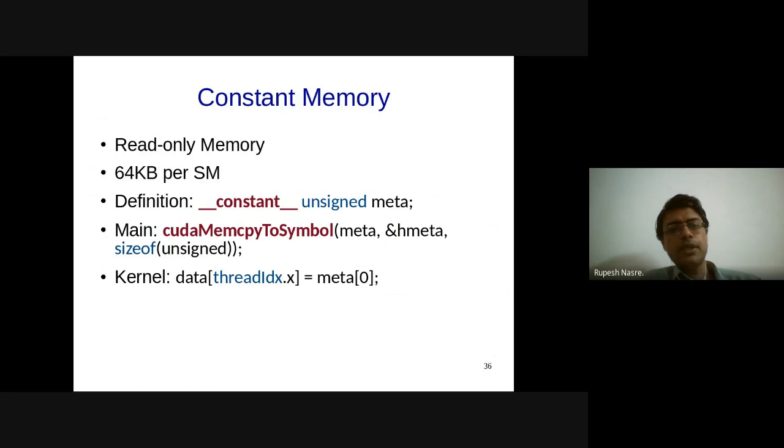The second memory that we know of is the constant memory. Both of these are a few KB of memories, and these are not writable from the kernel, and therefore these get utilized a little less compared to the shared memory, which is both read and write. This is around 64 KB per SM, and you can specify any variable just by adding underscore underscore constant underscore underscore.